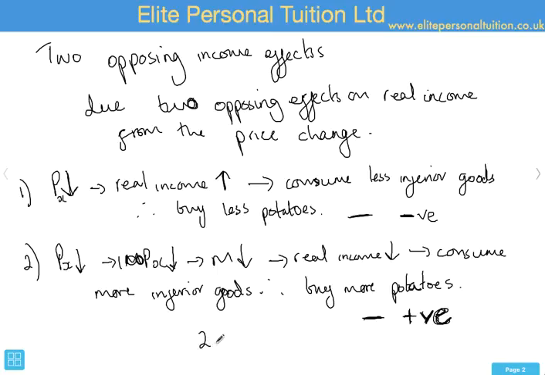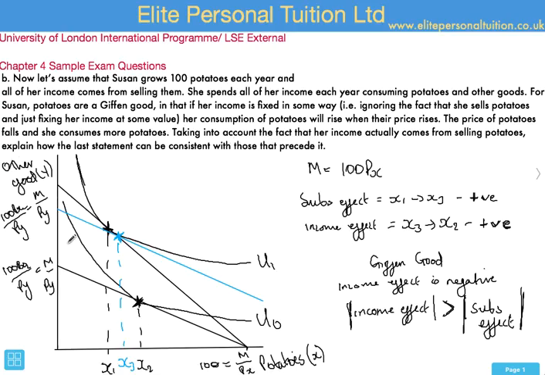So 2 is bigger than 1. Therefore, overall income effect is positive. And therefore, we end up buying more potatoes.